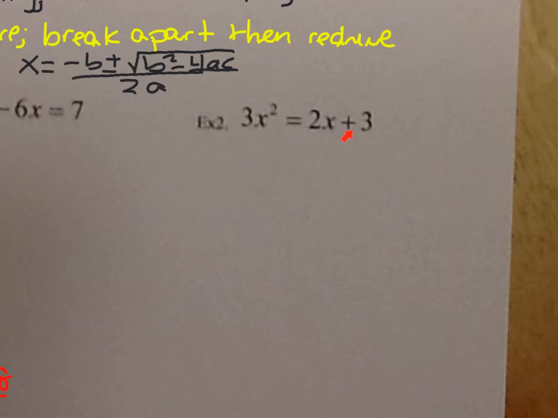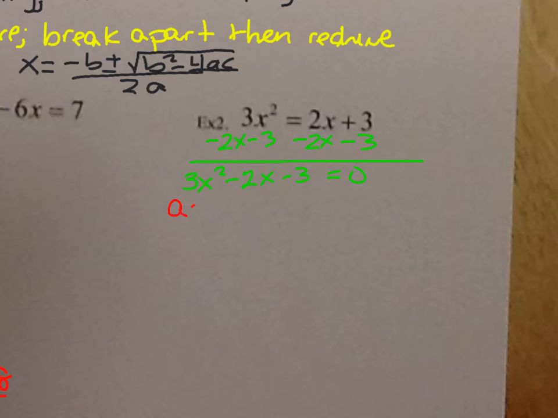The reason I'm going to move this 2x plus 3 over to the left is because I want to keep my x squared positive since it is positive here. So I'm going to minus 2x and minus 3, both sides. So I get 3x squared, I'm going to put it in the right order, minus 2x minus 3 equals 0.